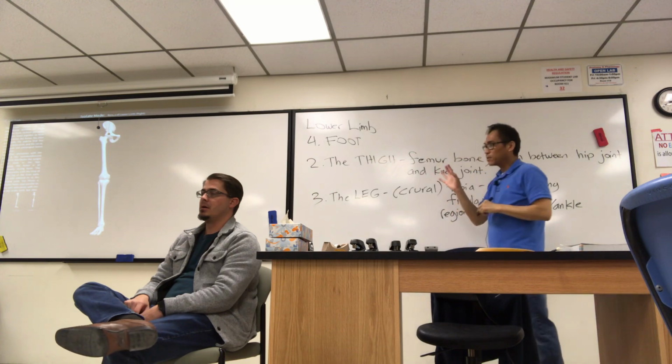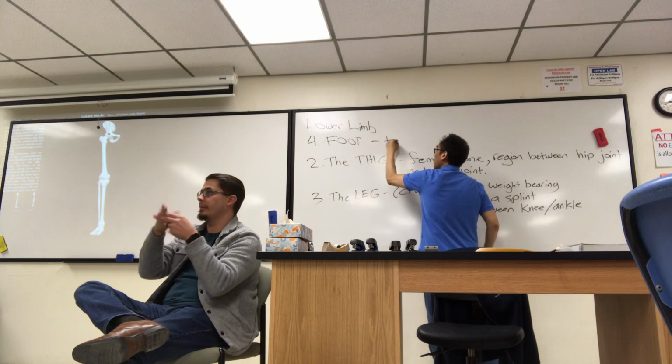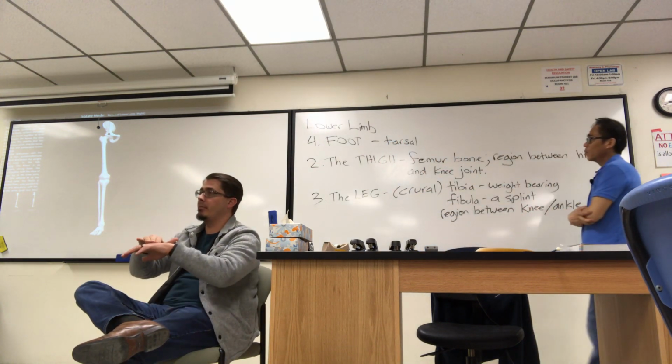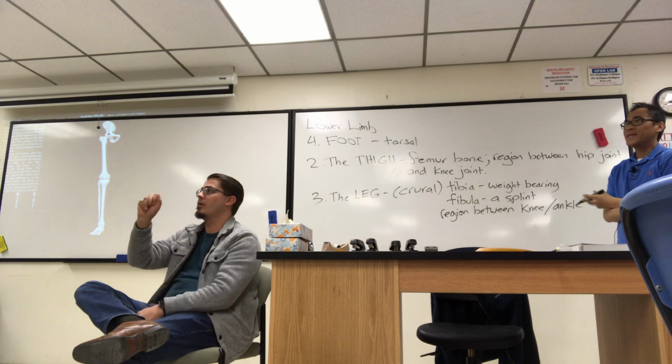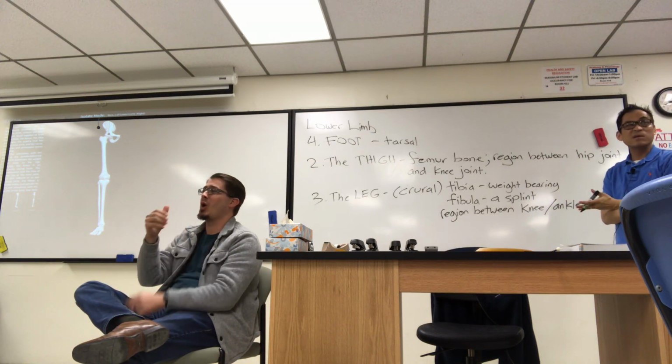In the foot, we'll study all the bones, just to name them now. You have the tarsal bones, which are analogous to the carpal bones in your wrist. The tarsal bones basically form the posterior foot.